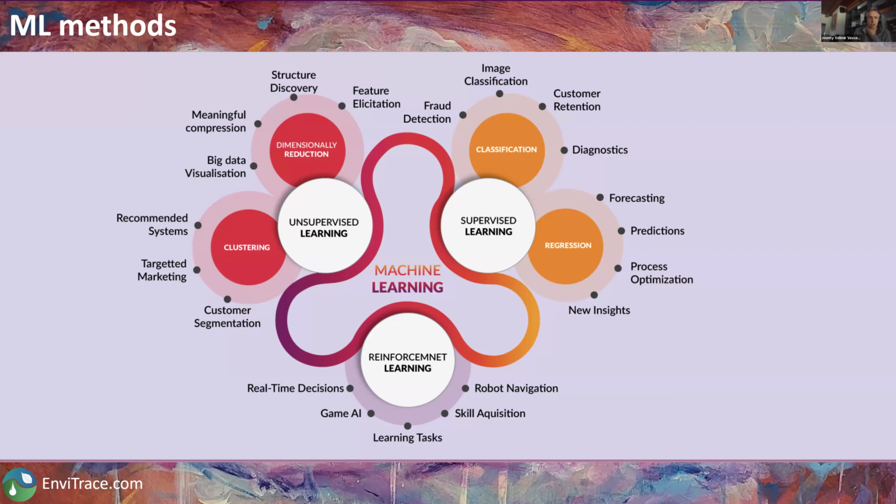This graph shows a lot of approaches which can be used for machine learning. Typically, machine learning is grouped in three methods: unsupervised, supervised, and reinforcement learning. And around them, they're showing different types of applications. I mentioned earlier classification and regression.